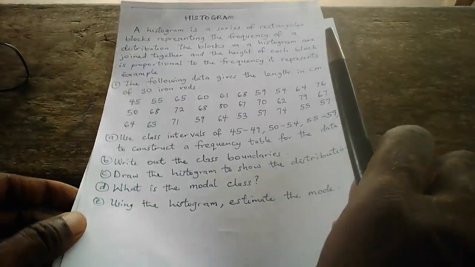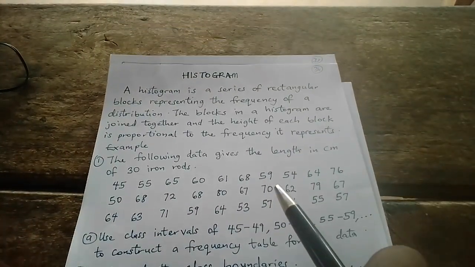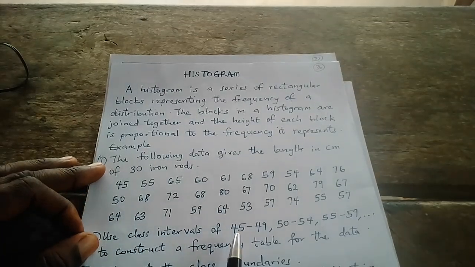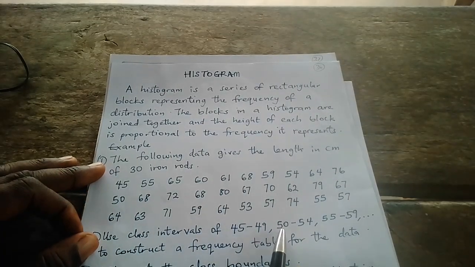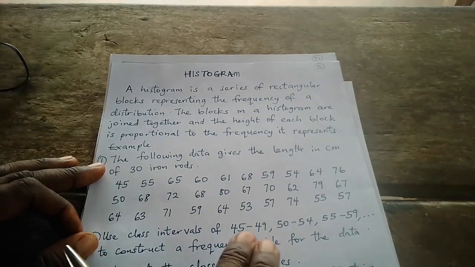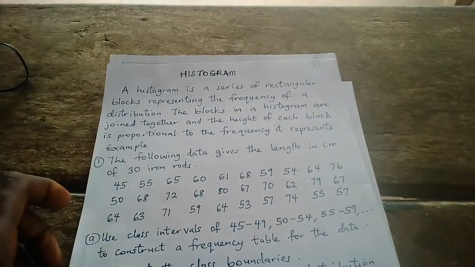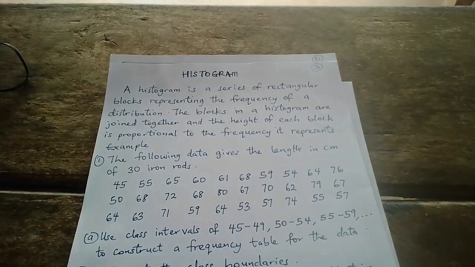Now, let's go to the A part of the question. This A part says, use class intervals of 45 to 49, 50 to 54. That means you ought to follow this pattern to create a class interval. We have done something like this in the previous class when we were having grouped data.